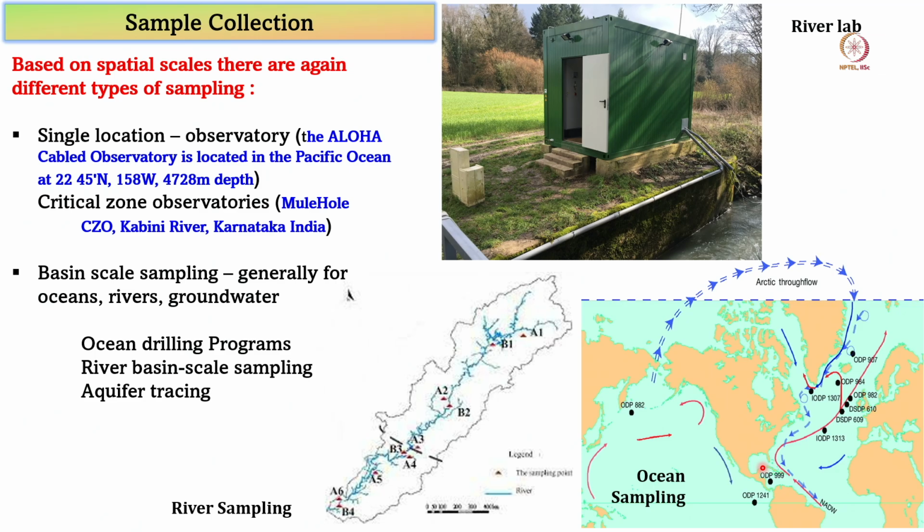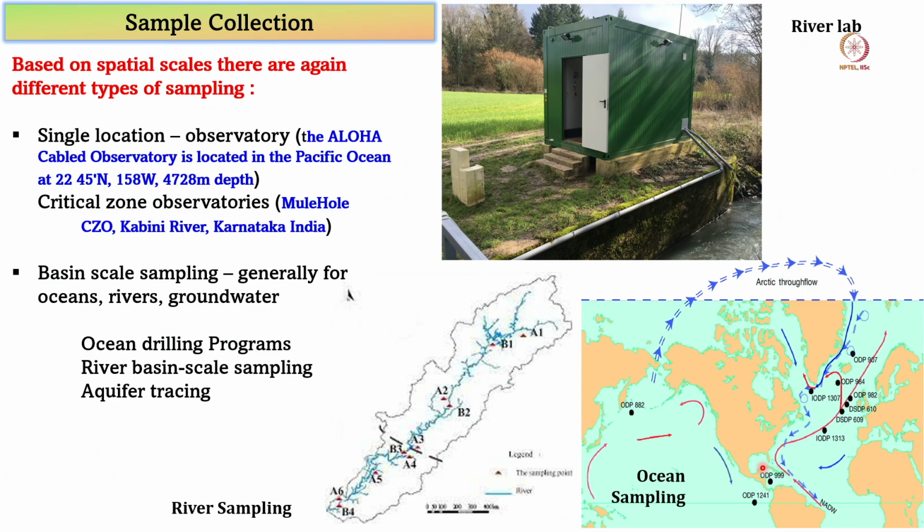So doing it repeatedly in one location gives you an idea of how the aquatic system at that particular location is changing. Either it is changing with the climate, or it is changing with land use, land cover stressors. So what is changing? You can have very in-depth studies if you are sampling at a particular location.